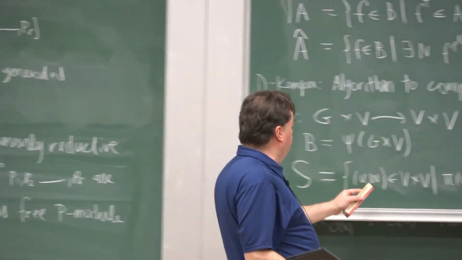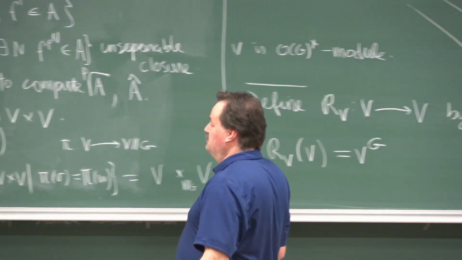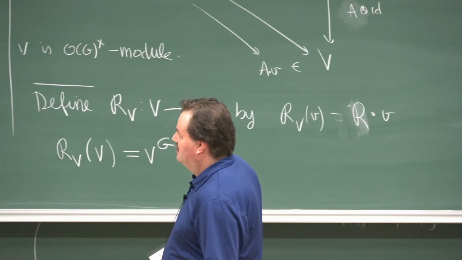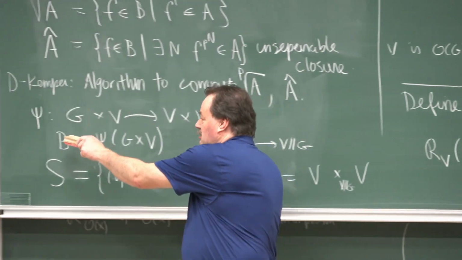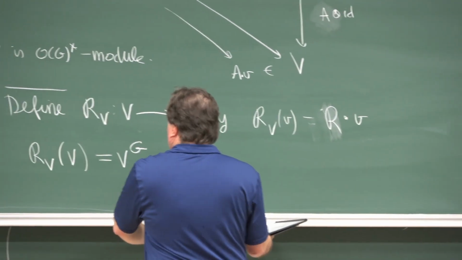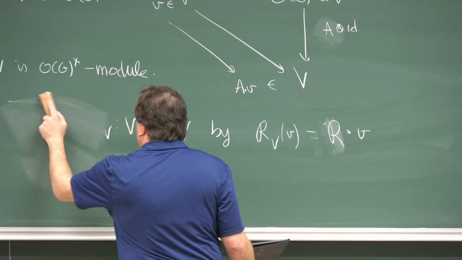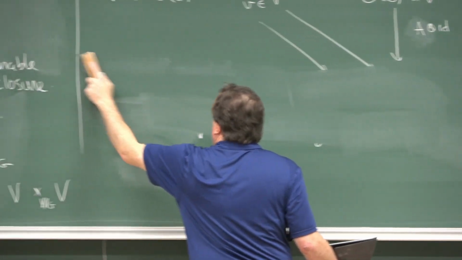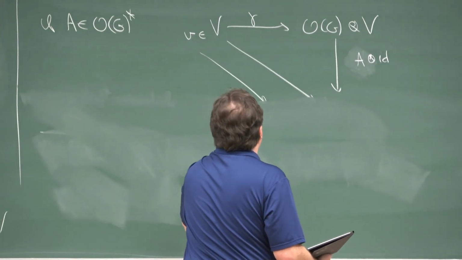So this B is an equivalence relation. This S is also an equivalence relation. Now, interestingly, if you take the closure of B, that's not an equivalence relation. So an equivalence relation is not preserved if you take the closure. Kind of a strange thing.